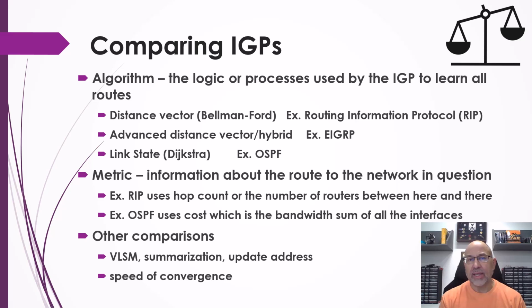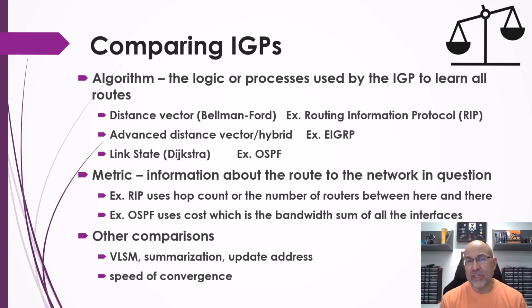Then there are things like link state that give you a little bit more information. In addition to understanding maybe how far something is away, you understand the cost associated with using that path to get to that destination subnet. And then there are things in the middle, advanced distance vector or hybrid.